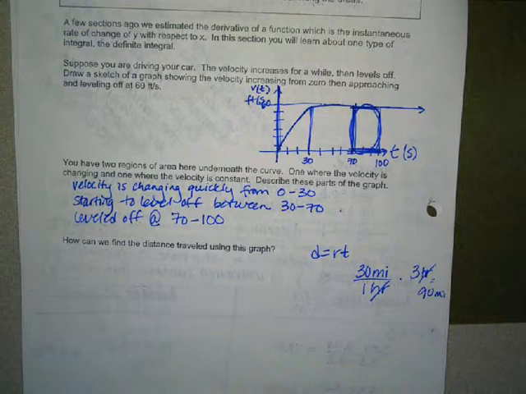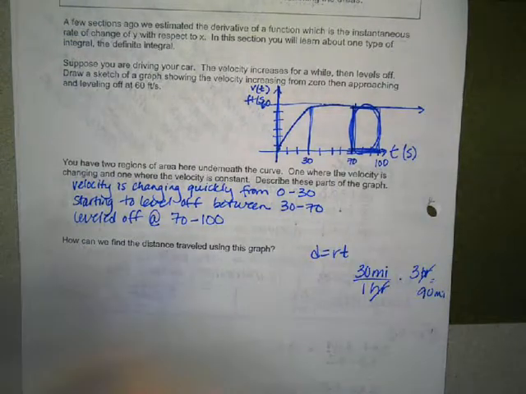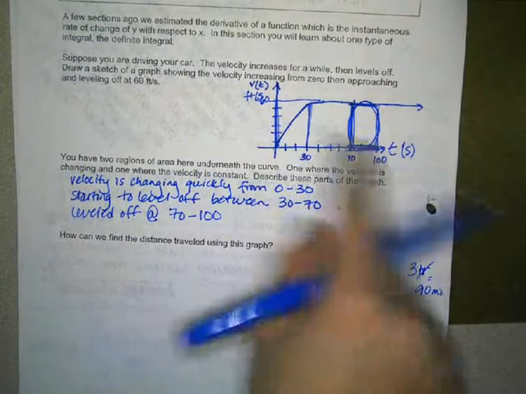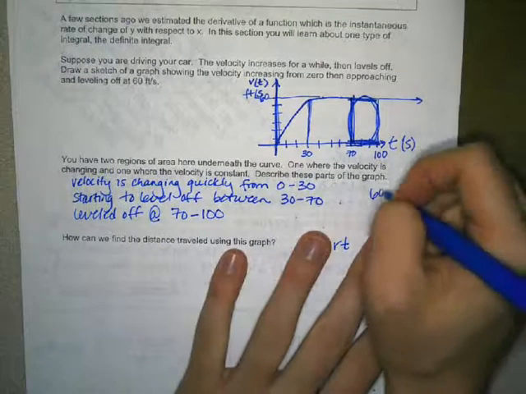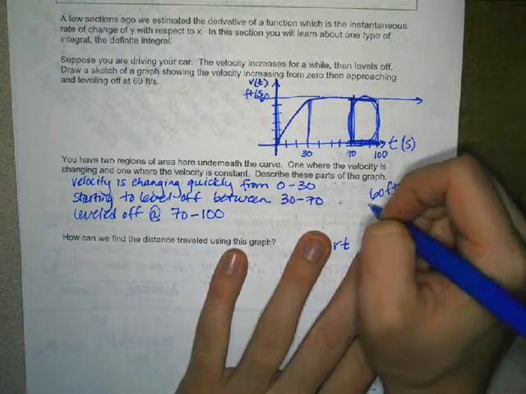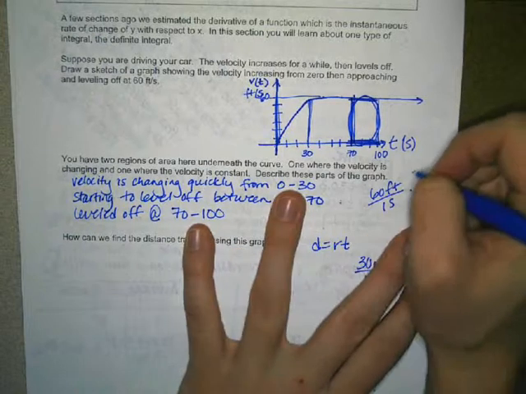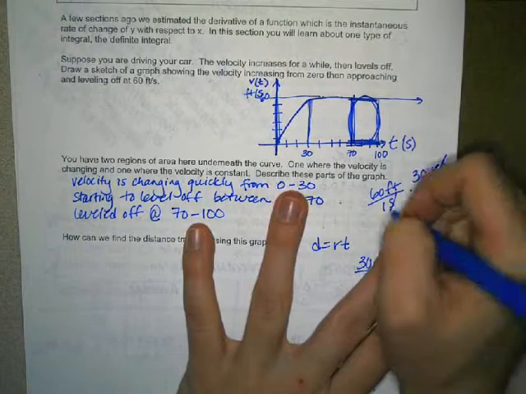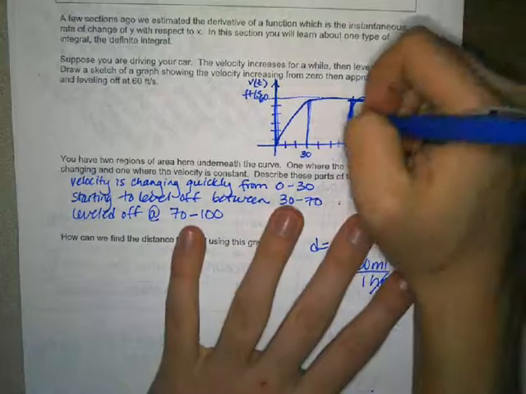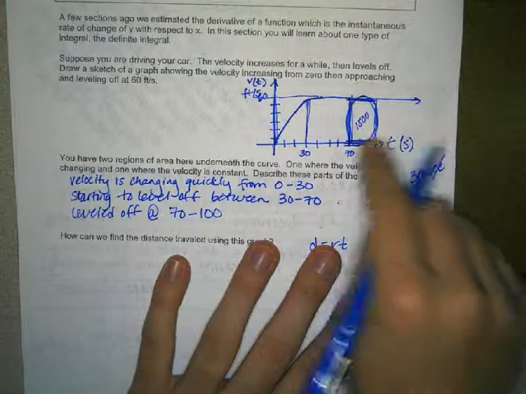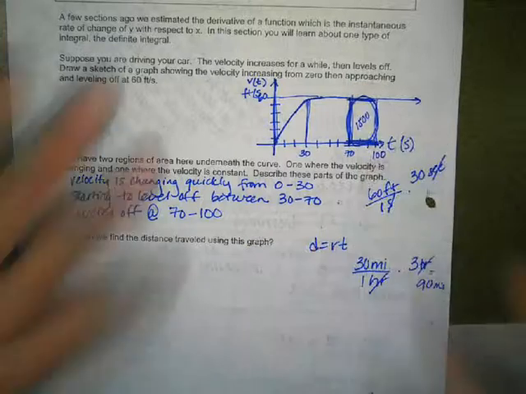So we could say between 70 and 100, you're going a consistent speed of 60 feet per second, to find how far you went, wouldn't you multiply 60 feet per 1 second times 30 seconds? Seconds cancel, you get 60 times 30, which would give you 1800. It not only gives you the area of the rectangle, but that means something in this case because the y-axis is a rate and the x-axis is a time.